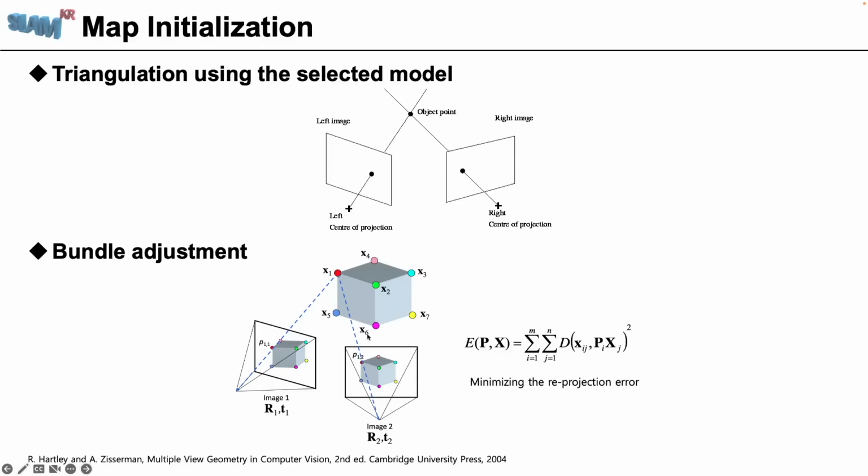Now we can make 3D map points by triangulation using the selected model, and then refine the camera pose and the map points by bundle adjustment. Bundle adjustment is a nonlinear optimization model. It tries to reduce the reprojection error, which means the difference between the projected point and the corresponding point in the 2D image. I'm going to explain that a little bit more later.